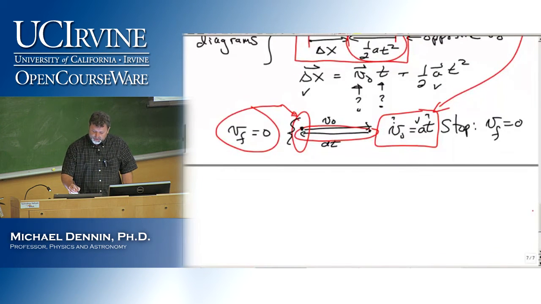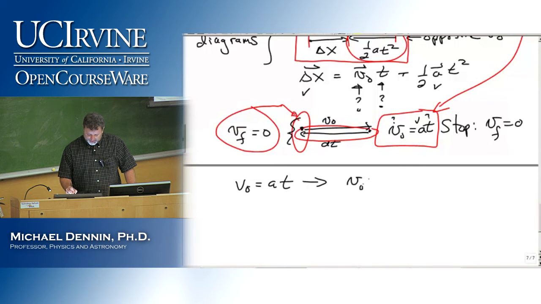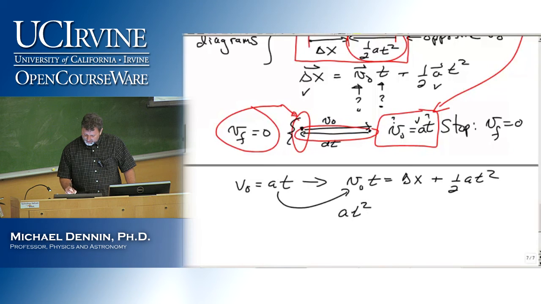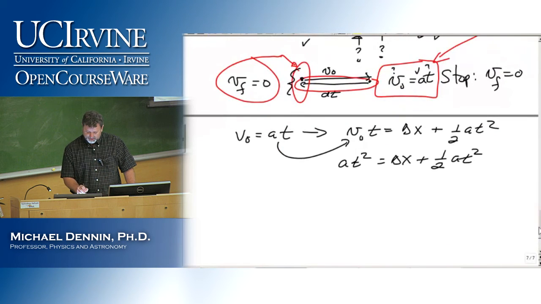Now, when I put those two equations together, just real quickly for you, I have v naught equals at, so I can plug that into my delta x equation, right, which was v naught t equals delta x plus 1/2 at squared. So if I plug that into there, I have at squared equals delta x plus 1/2 at squared. Do you see that? I took my at and plugged it in for my v naught.